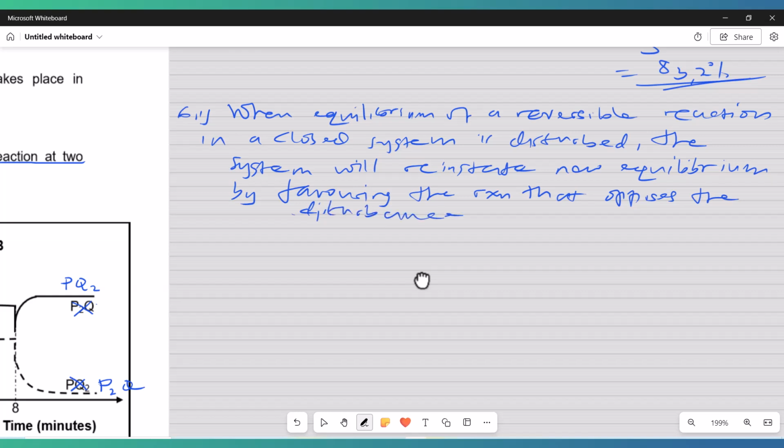Okay, I repeat. When equilibrium of a reversible reaction in a closed system is disturbed, the system will reinstate a new equilibrium by favoring the reaction that opposes the disturbance. Okay, let us continue then.